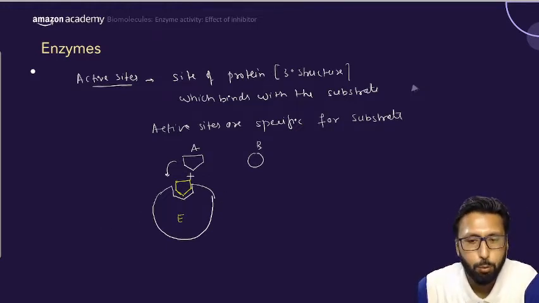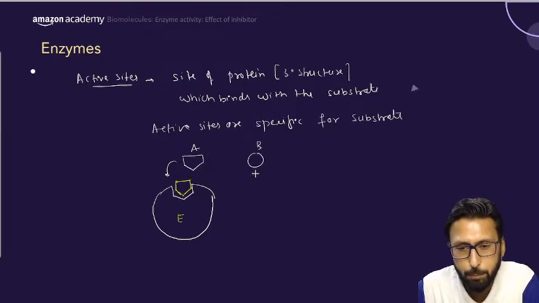So what are inhibitors then? Inhibitors are the substances which, when bound to an enzyme, prevent the catalytic activity of the enzyme.